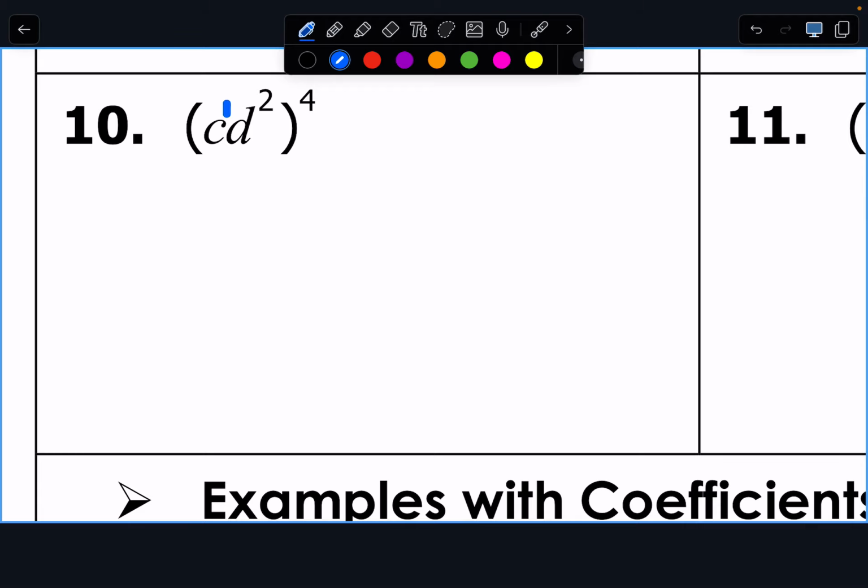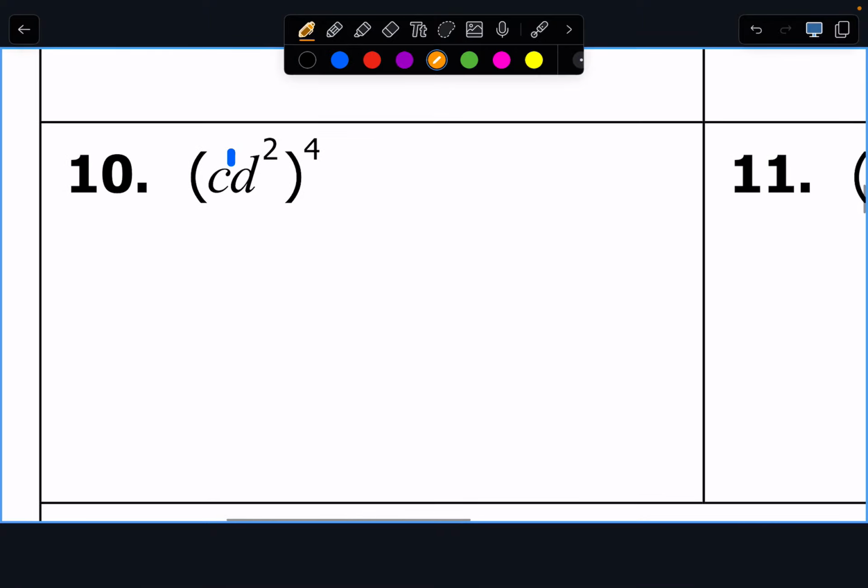So that 4 exponent, it gets shared with C and it gets shared with D. Okay, so Channing, what is the exponent for C? What is 4 times 1? 4. Okay, and then the exponent for D is going to be 4 times 2, which is 8.